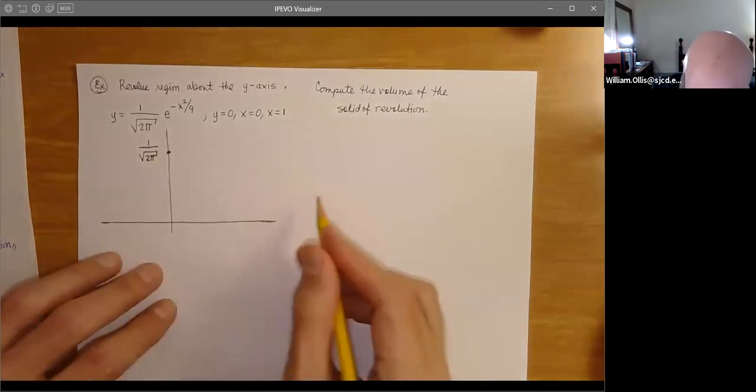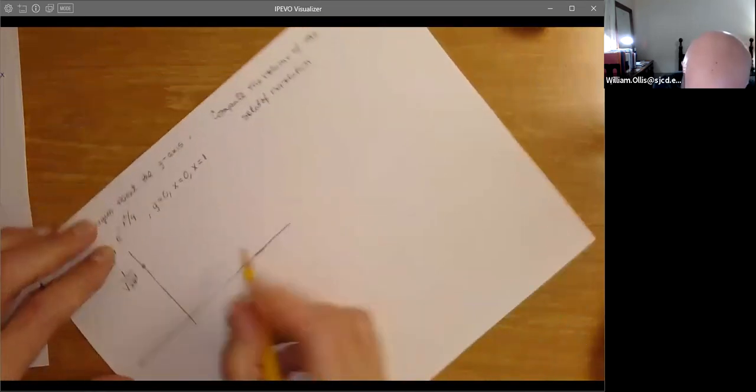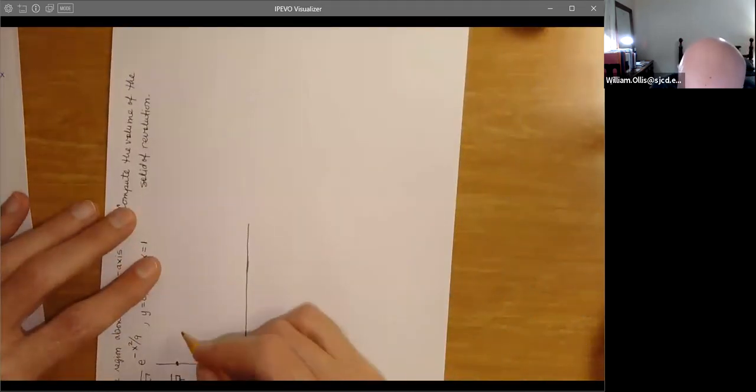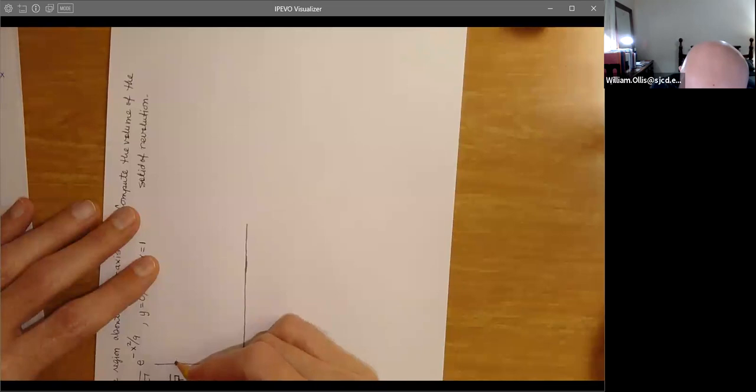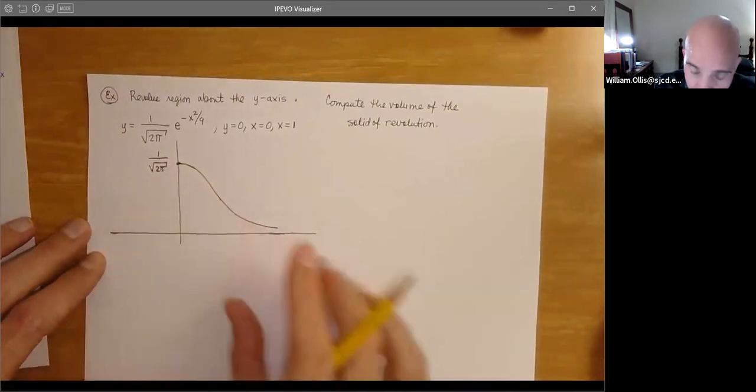Now, this is a nice decreasing function. So we'll go ahead and draw it in, and it's going to have a nice shape and a nice point of inflection. And of course, it would be duplicated on the other side by symmetry.